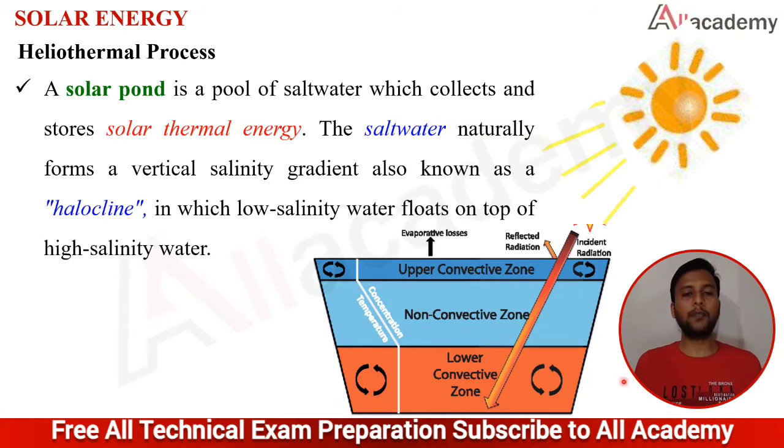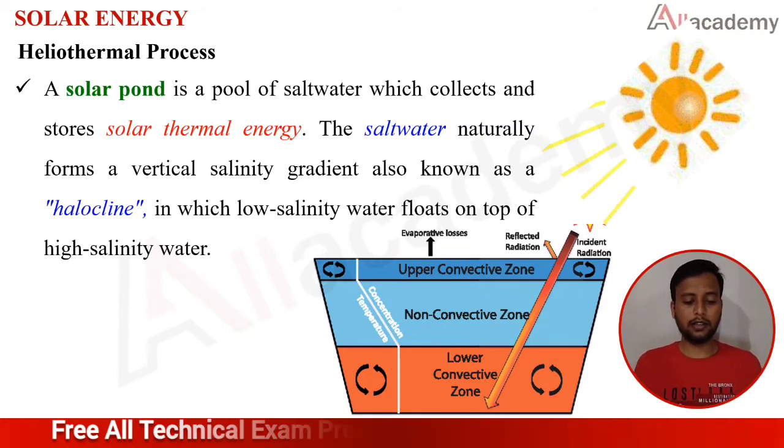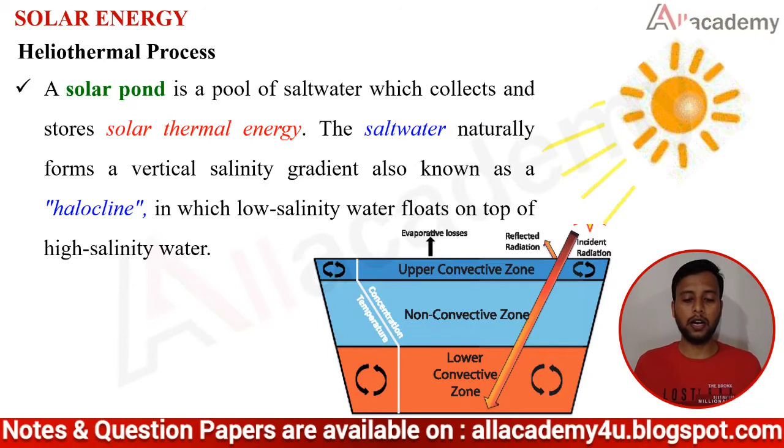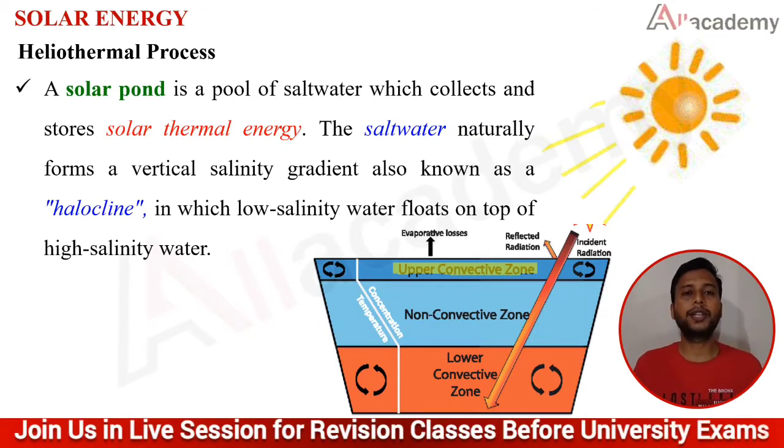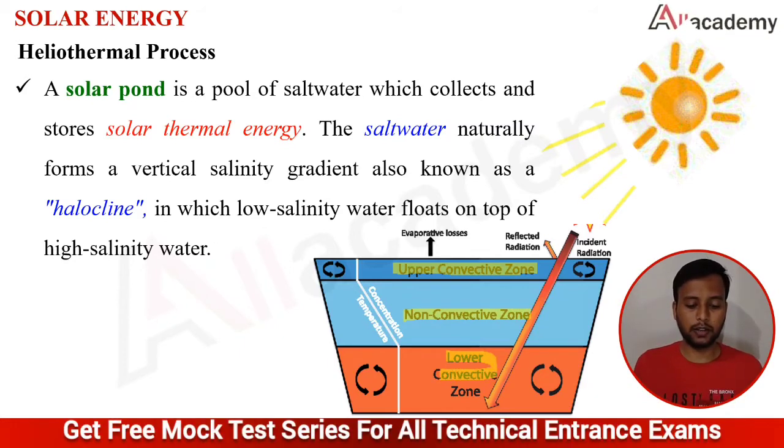And in a solar pond you will find three different layers. This is a simple figure of the solar pond. The upper layer is known as the upper convective zone, the middle one is known as the non-convective zone, and the third one is known as the lower convective zone. These are the three different layers.